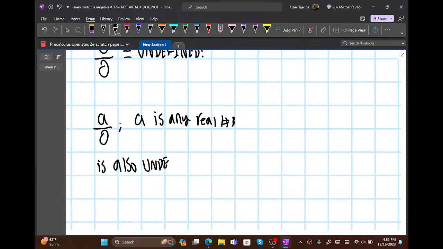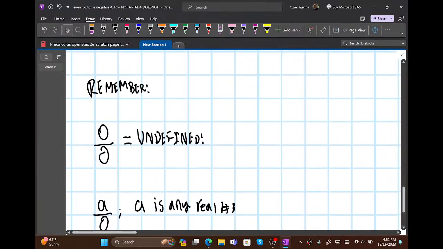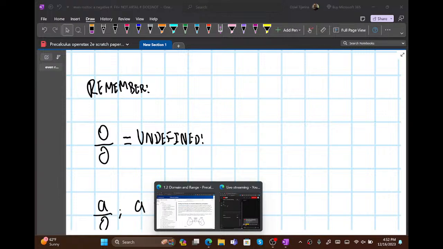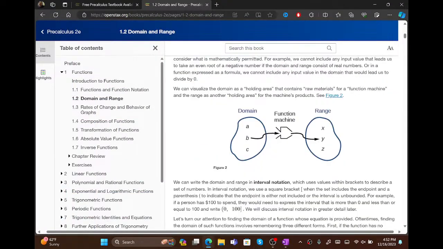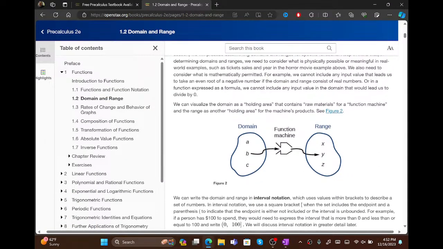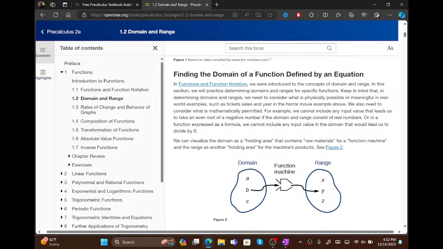We do not know what these are. Now, if you ask me, how come 0 times 0 is 0, but 0 over 0 is not 0? To be honest, I don't really know exactly why, but just remember that these are undefined, okay? Any number that we put on the top, we cannot have a 0 at the bottom. If we do, it is undefined. So I just want to make a little review of that.